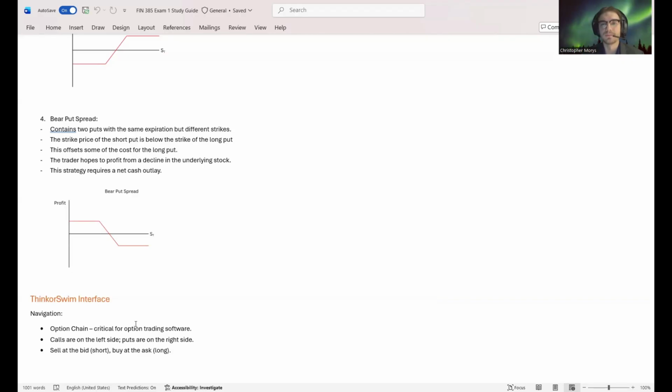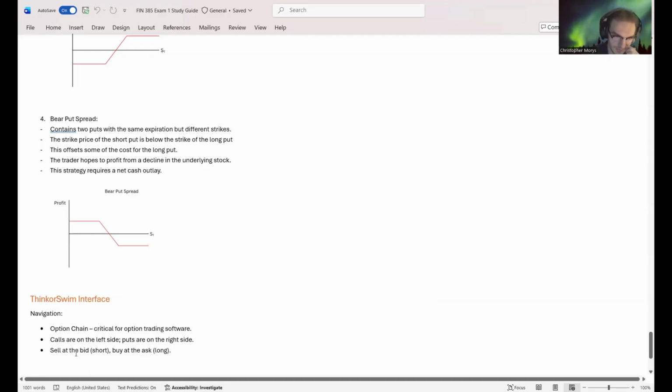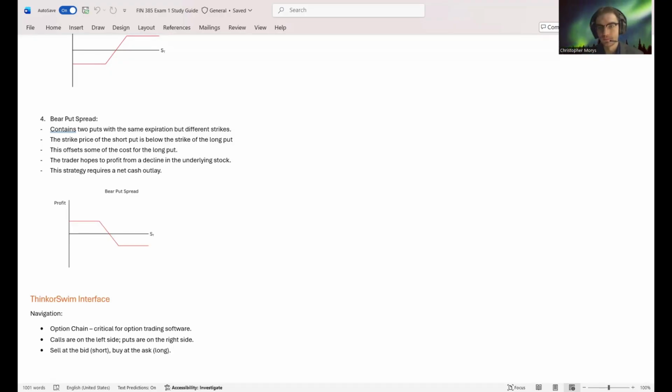This is seen across every trading software. Calls are on the left side and puts are on the right side of this option chain. And the sell price, you sell at the bid for a short and buy at the ask for long. I'm gonna go on to Thinkorswim and we'll see what we're talking about.